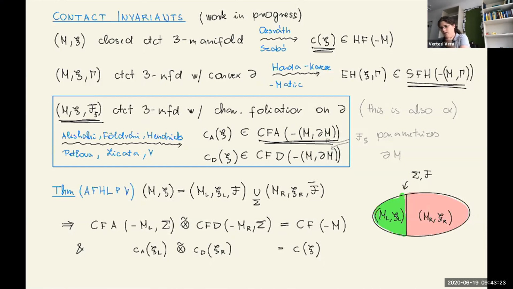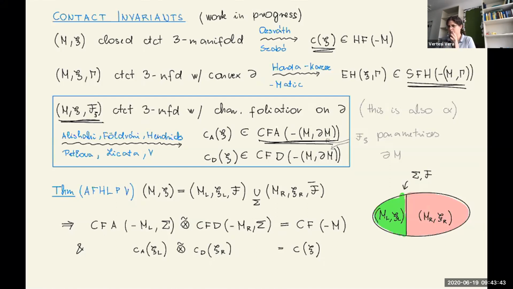So, what we have basically proved by now is that you can define these invariants in bordered Floer homology, and then these invariants do what you would want them to do. They glue nicely.